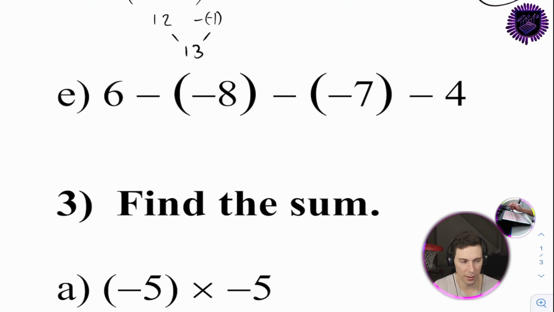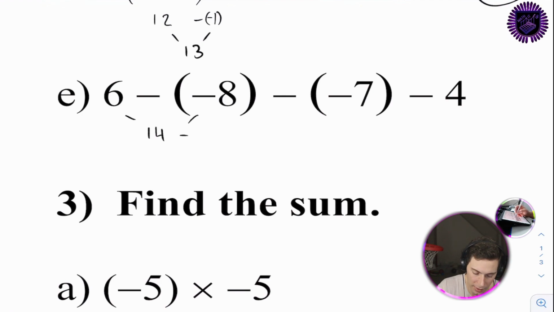All right, same thing, more steps. 6 minus a negative, then -4. All right, so a few steps in one direction and then another step in another direction. So when we're minusing a negative, it's like adding a positive. We're moving right on the number line. It's going to be bigger. This is going to be 14.